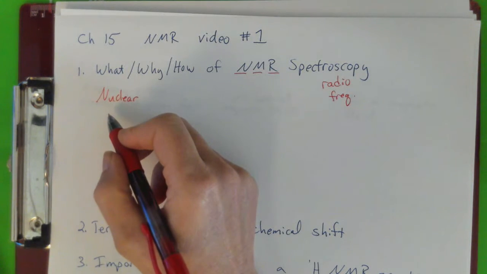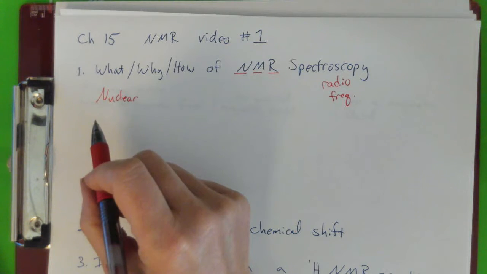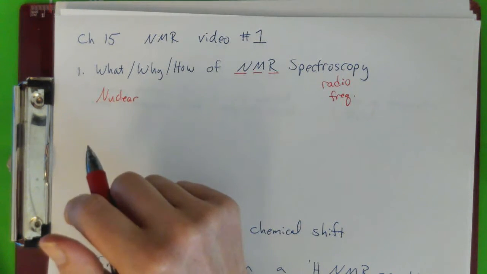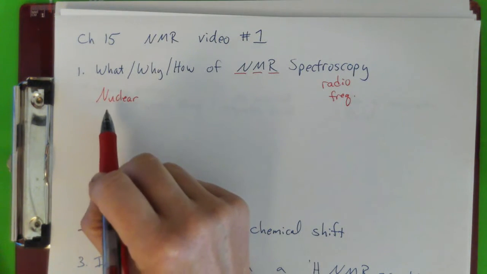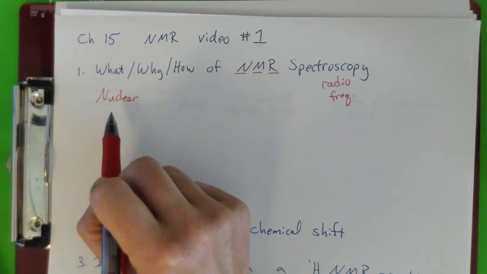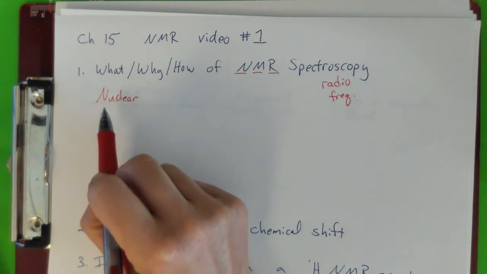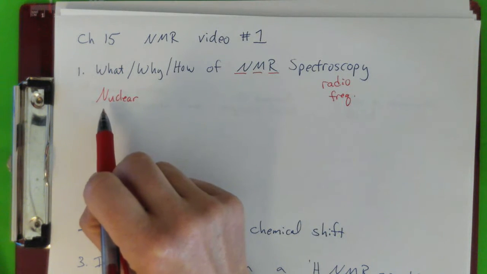In order for a substance to be active towards NMR spectroscopy, inside of the nucleus of one or more of the atoms in the compound you're trying to probe, there needs to be an odd number of protons and/or an odd number of neutrons.